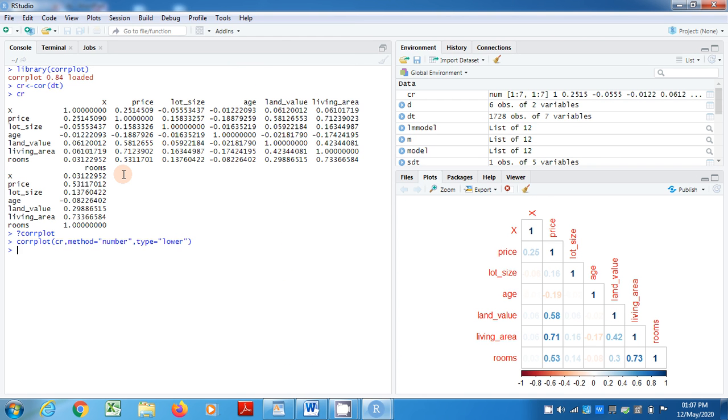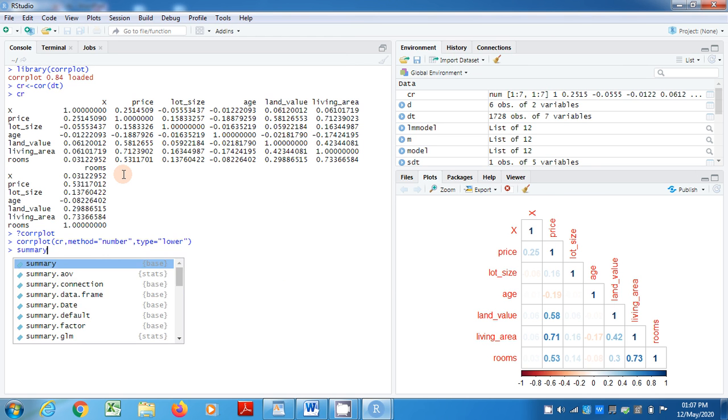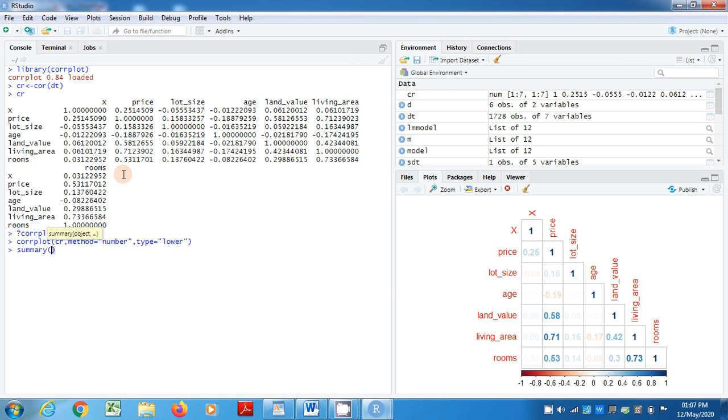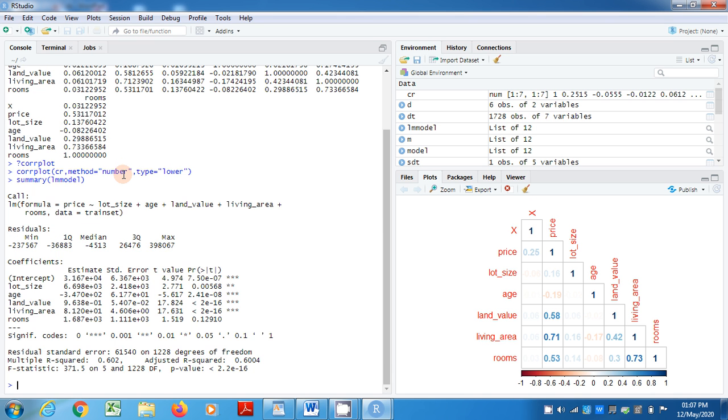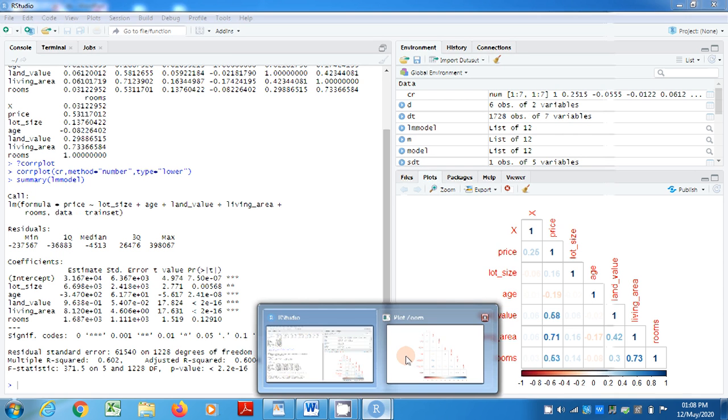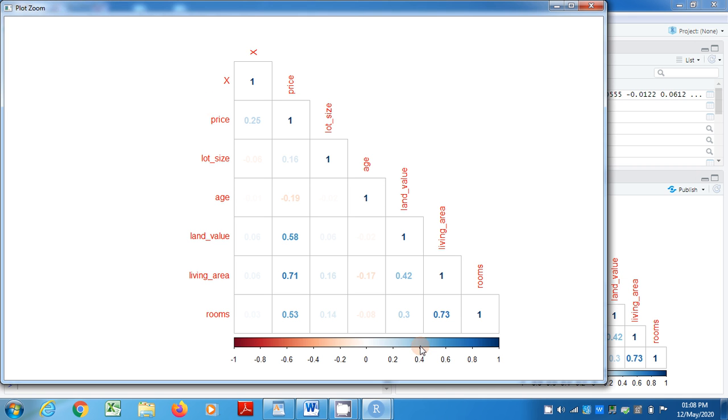Summary, you can find the summary of our LM model, right? So here you can see, this model says rooms are not affecting the price, but according to this diagram, yes, according to this we can say that rooms are affecting the price, and age is not affecting.